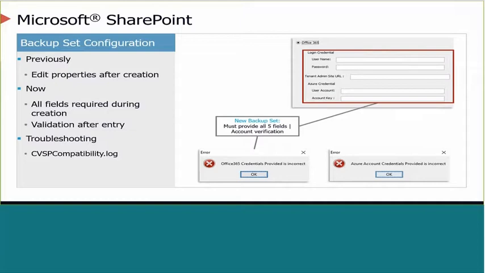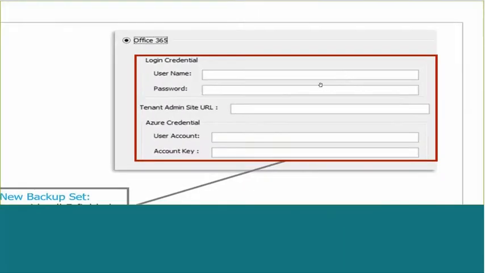So what's new here is this information is actually gathered up front. So when you create a new backup set, and this is for SharePoint Online or O365, this information is gathered up front. All 5 of these fields are required during the backup set creation.